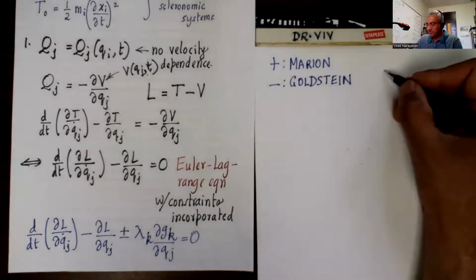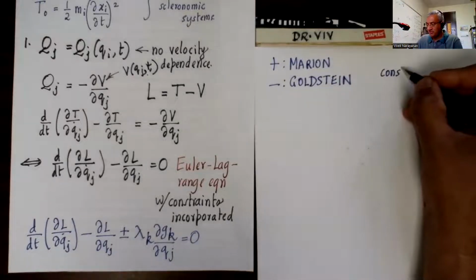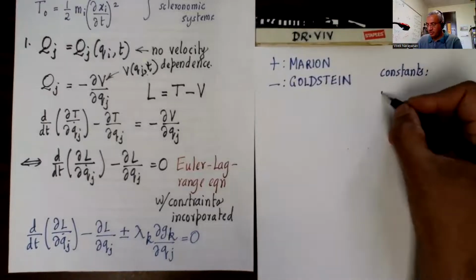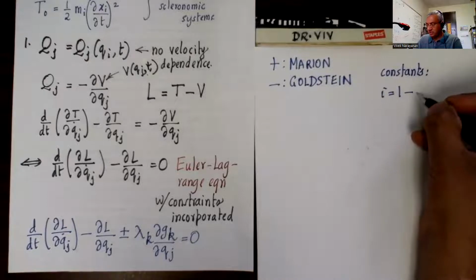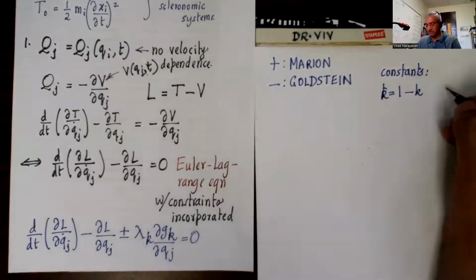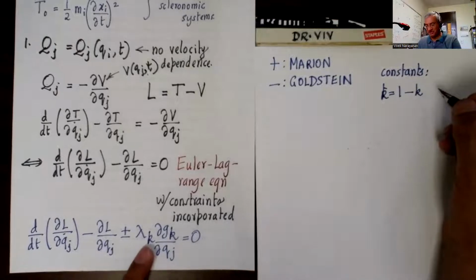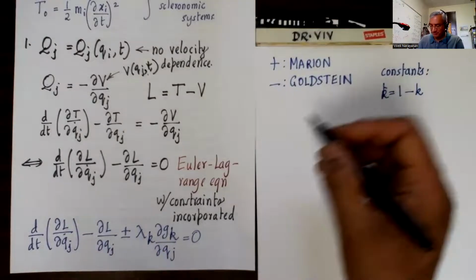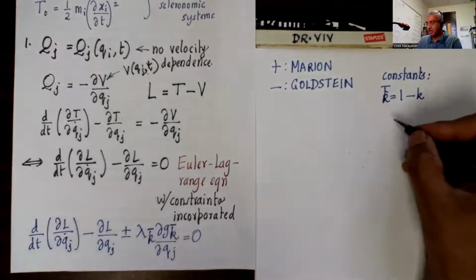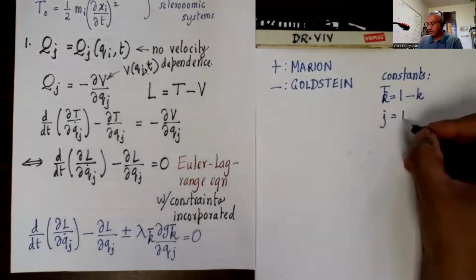And so the constraints go like this. K goes from 1 through k, so I should have used i here. I call this k bar. K bar goes from 1 through k, and j goes from 1 through n.